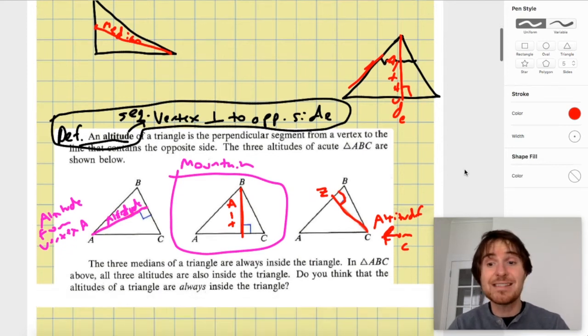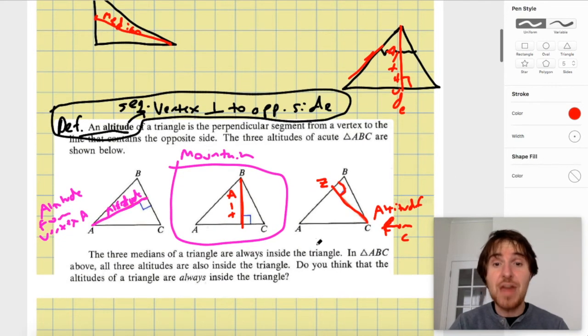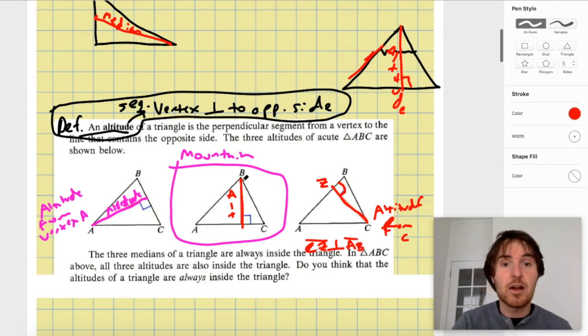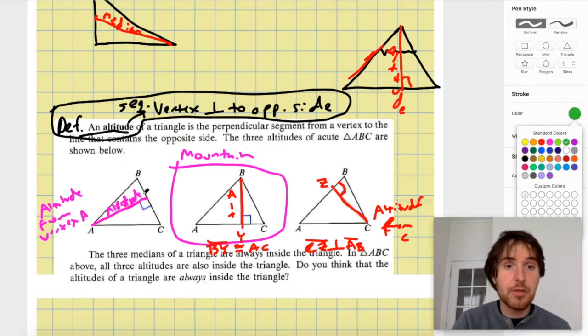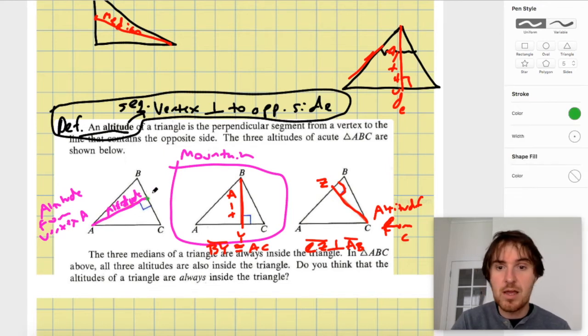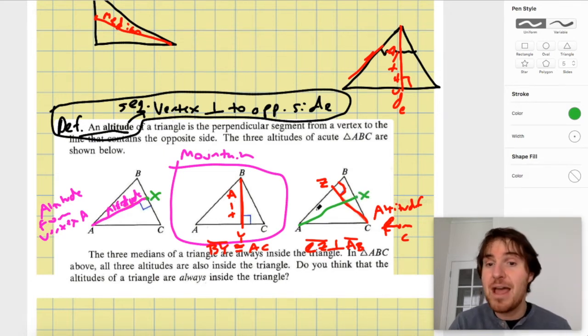If given that CZ is an altitude, then by the definition of altitude you can deduce that CZ is perpendicular to segment AB. If this is BY, I can deduce that BY is perpendicular to AC. Let's make this one X, and if I drew AX, which is about right here, and all three of my altitudes, what do we notice?